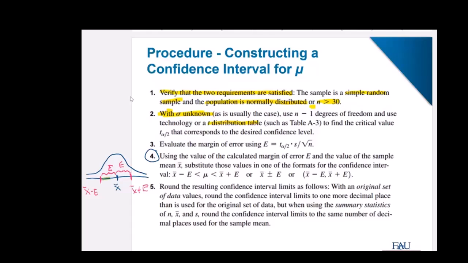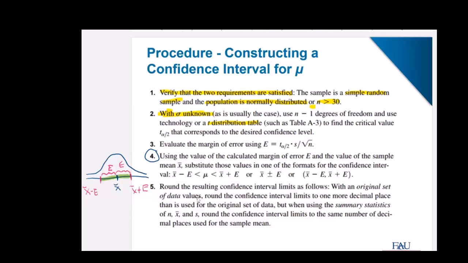And again, this is E. My confidence interval is going to be from here to here. That's what this means. Our population mean, mu, is somewhere between X bar minus E and X bar plus E. And depending on what our confidence level is, that will depend on how wide that is or how small that is.